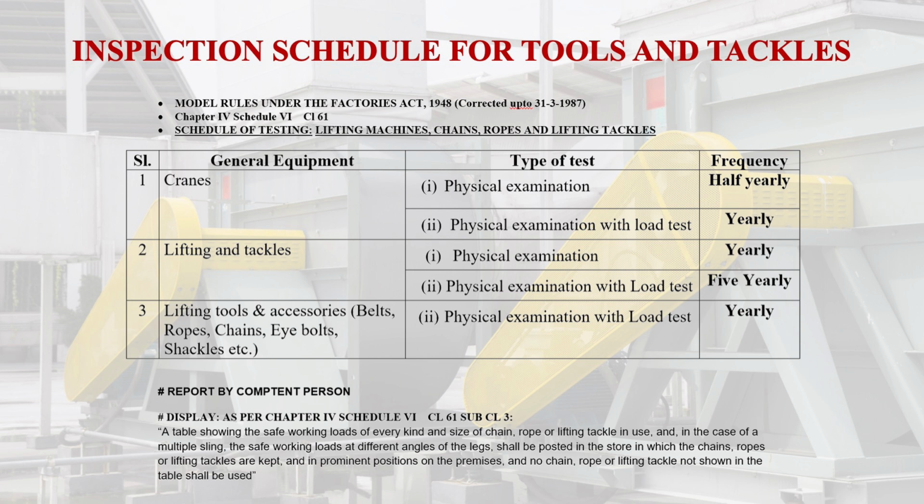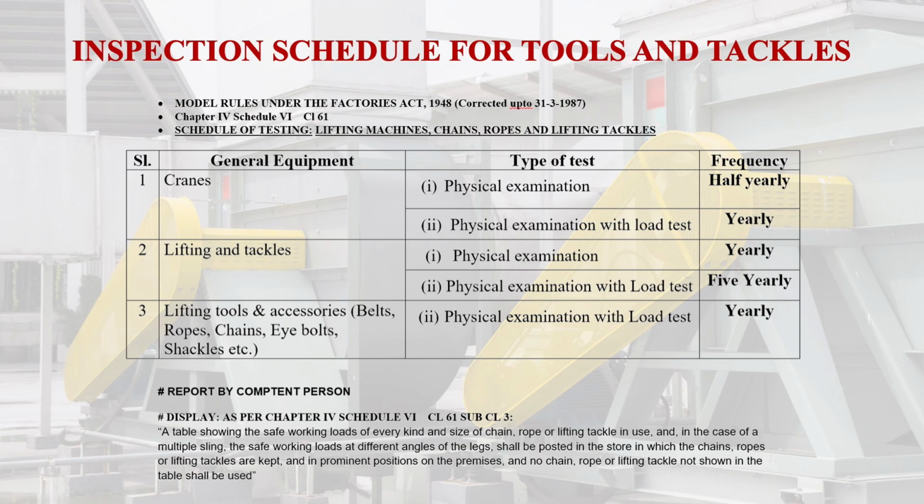The second item is the lifting tools and tackles. For these items just discussed earlier, the physical examination is to be carried out once in a year, whereas physical examination with load test should be completed at least once in 5 years. There is no bar if you carry out the inspection and testing before the scheduled date, because the minimum frequency is not restricted.